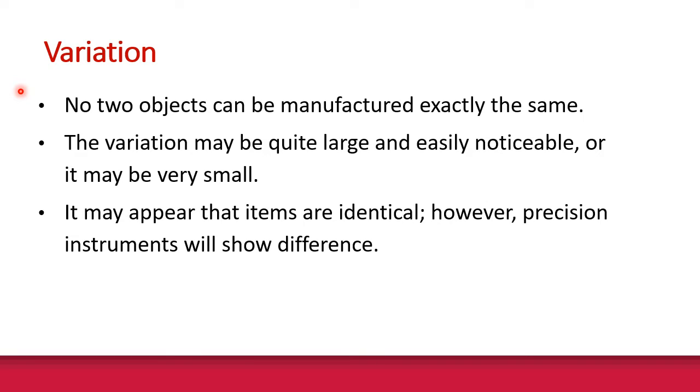If analyzed on a detailed enough level, you can spot variation. And variation is normal, it's natural. Every process has variation. The variation can be quite large and noticeable, or it can be very small. Even though all atoms may appear to be identical, with enough precision instruments, you can tell the difference.